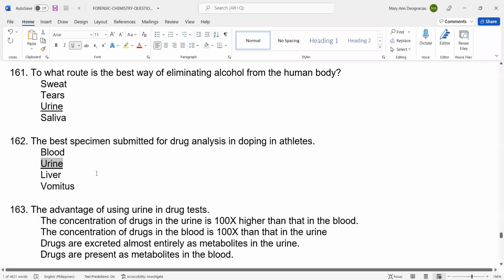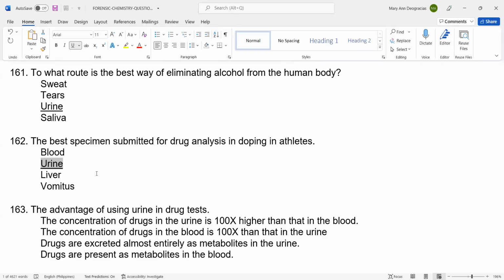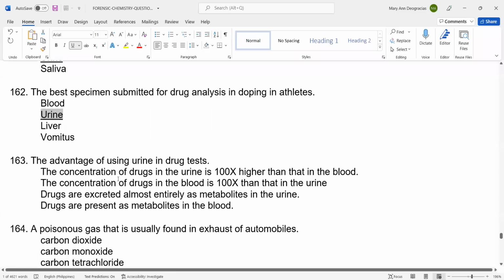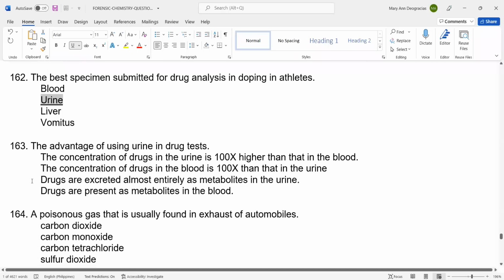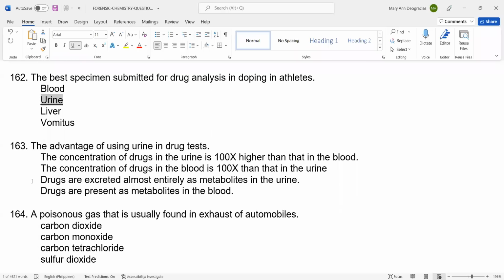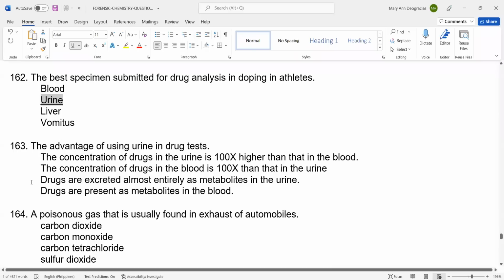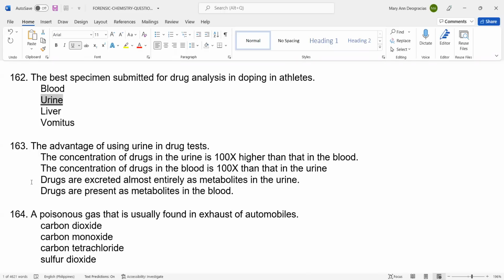So, drug analysis in doping in athletes, the best specimen is urine. Hindi sila pwede magbigay ng blood kasi manghihina yung mga yun. Okay? You cannot get blood from athletes. Siyempre, affected yung resistensya ng katawan nila pagka tinanggalan ng blood yan. Anong purpose niyan? Para lang malaman kung gumagamit sila ng mga steroids, ganyan.